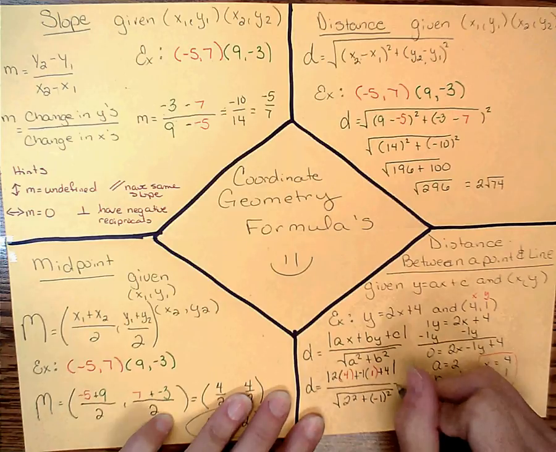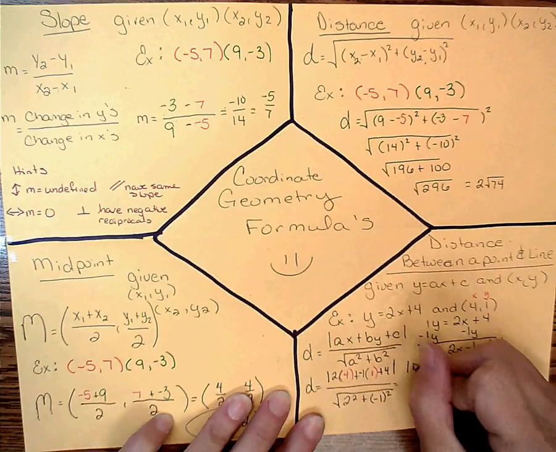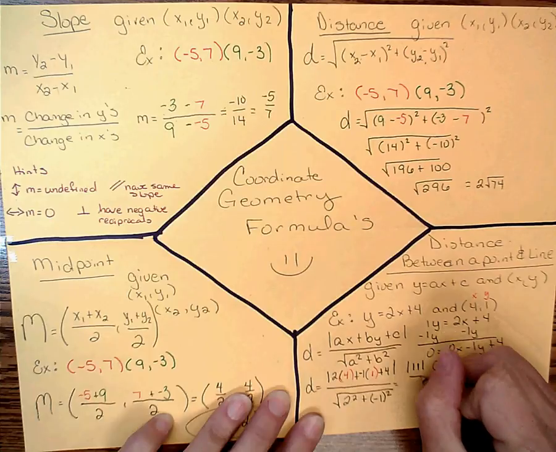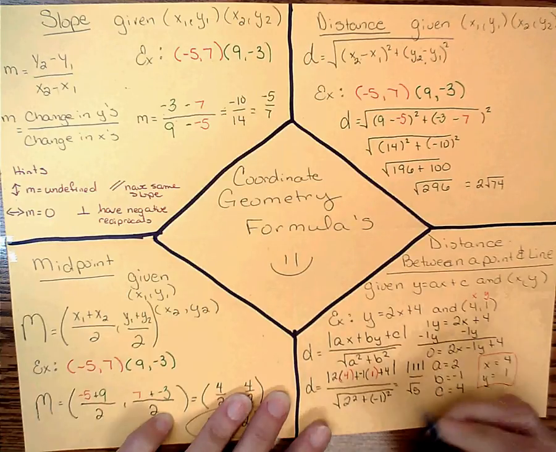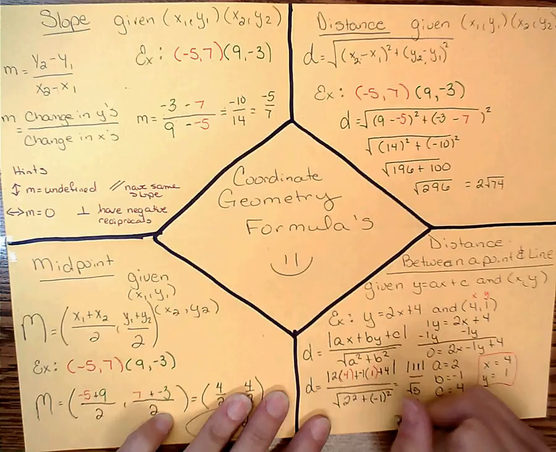So this is going to give me 11 in my absolute value over radical 5, and I'm going to draw arrows down here, which gives me in my calculator 11 over radical 5.